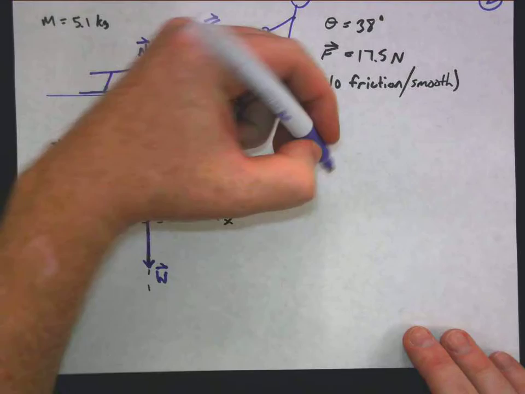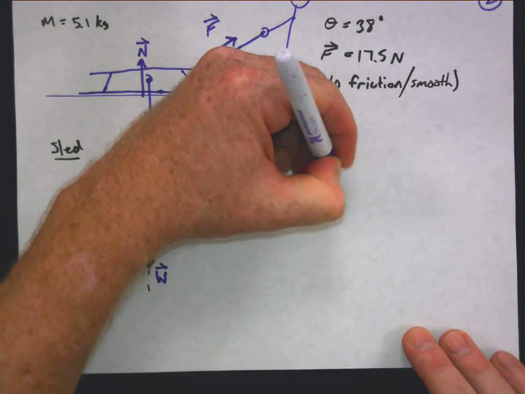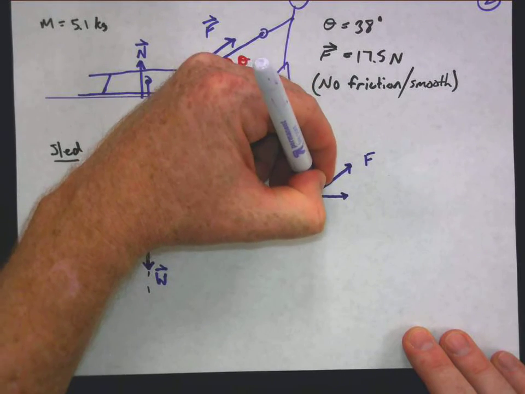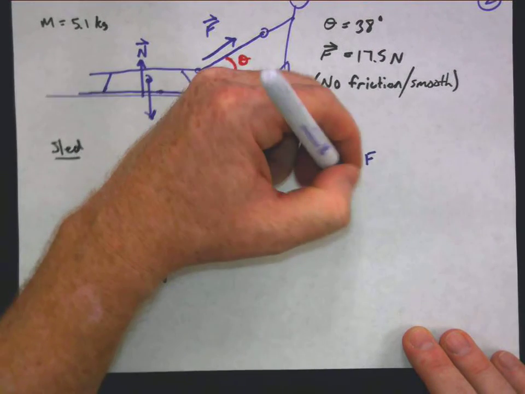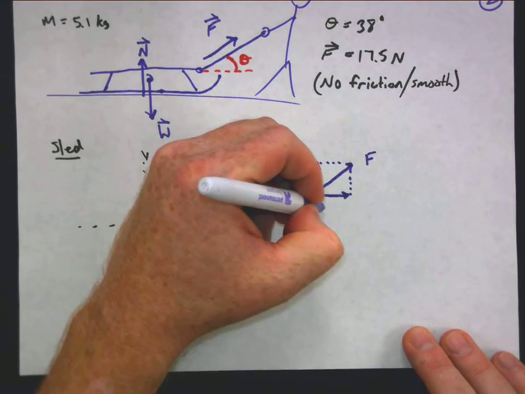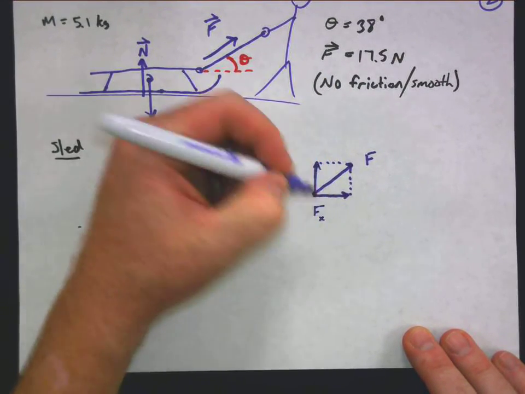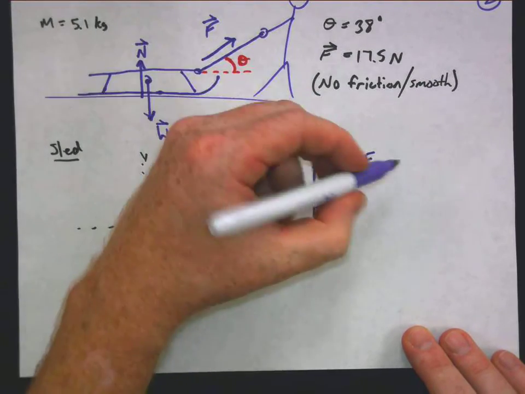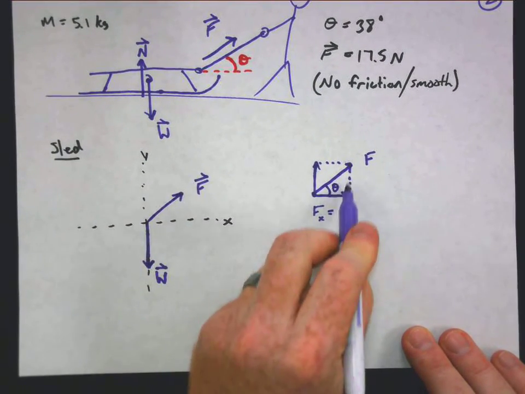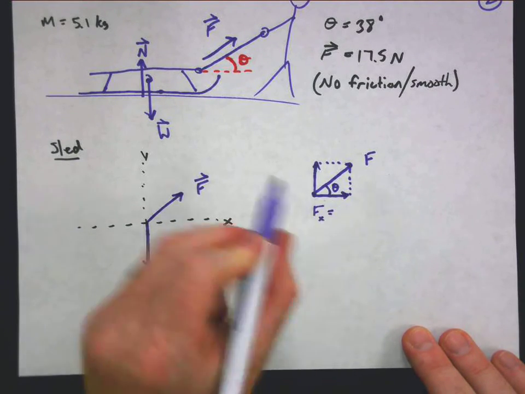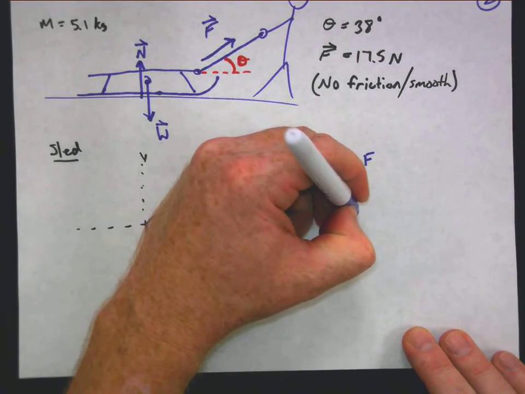And so off to the side, I can just draw F, and imagine X and Y components. This guy is F in the X direction, and there's my angle theta. So this side of that right triangle is equal to F cosine theta.